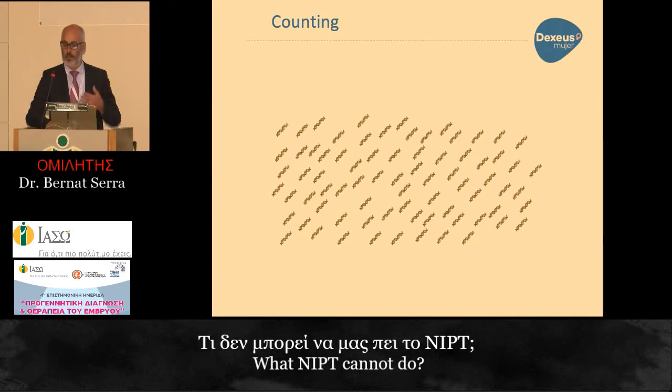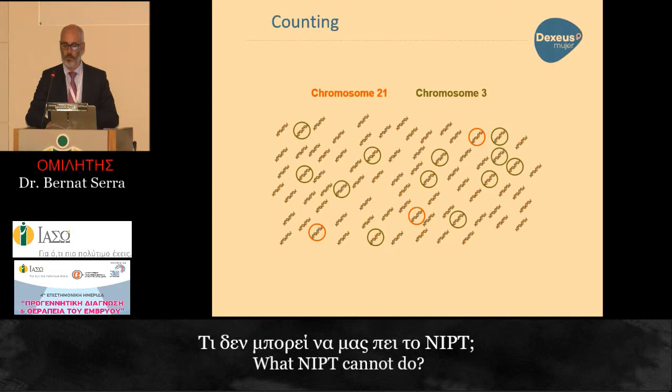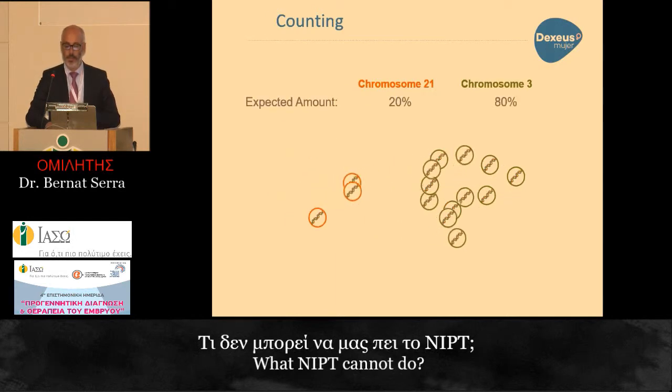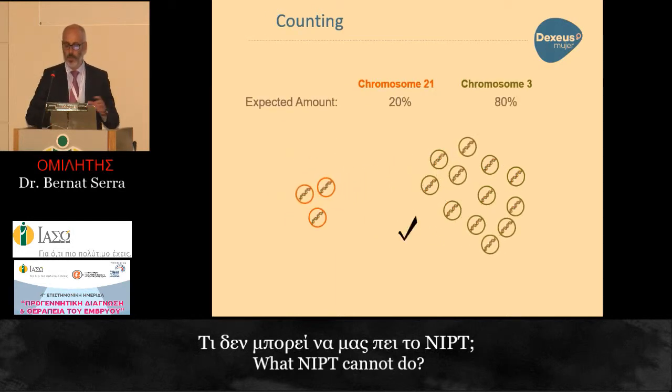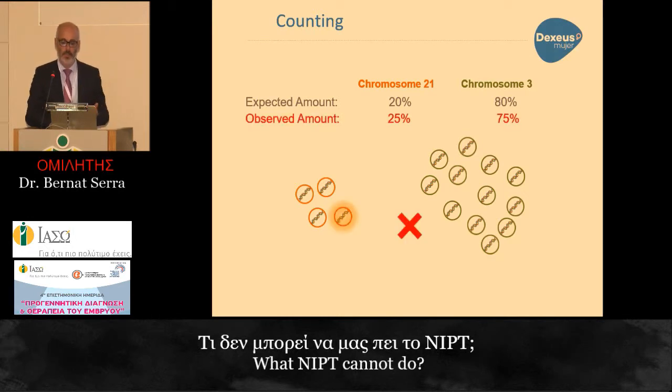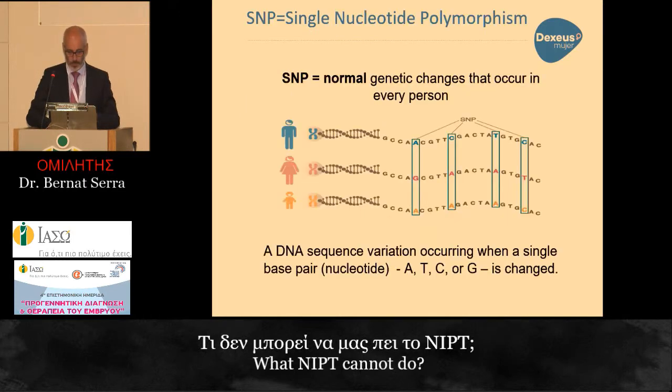So when the sequencing is done, the fragments coming from chromosome 1 are identified, then those of chromosome 3, and then the amounts of each chromosome are compared to each other. If the ratio is the correct one, it is assumed that the fetus is normal, whereas if there is an excess of fragments coming from chromosome 21, but it's the same for 13, 18 and so on, then a trisomy is suspected.